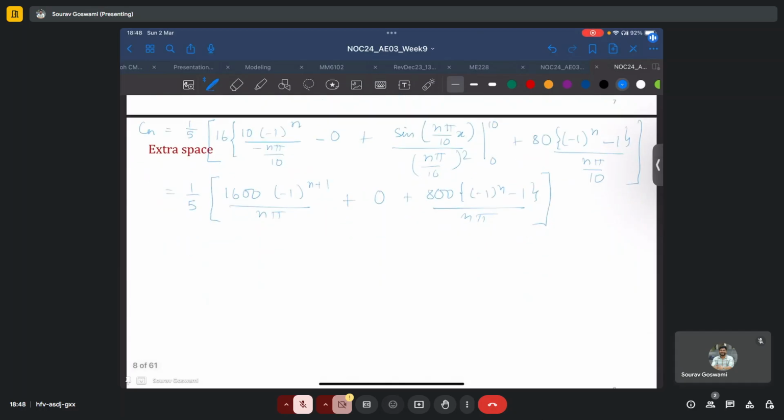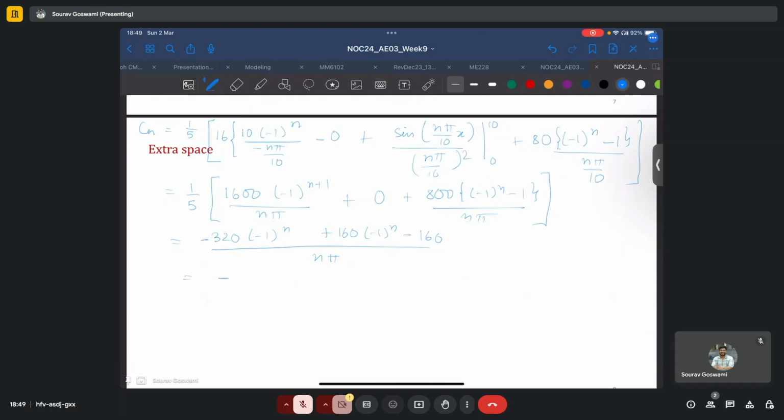And let's see if we can simplify this further. So this becomes 320 times minus 1 power n plus 1, again becomes plus 160 minus 1 power n minus 160. In fact, we can also remove minus 1, put it ahead of this.